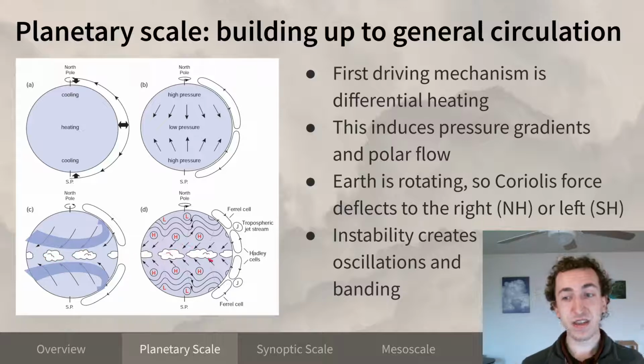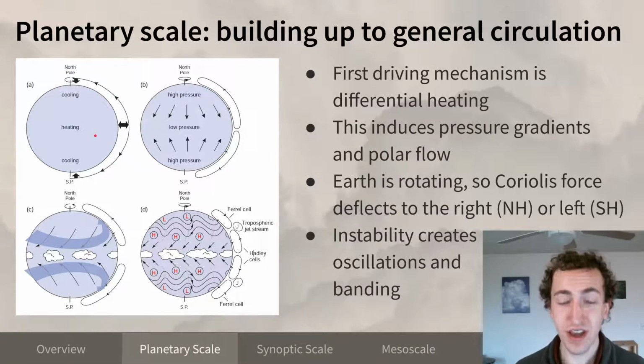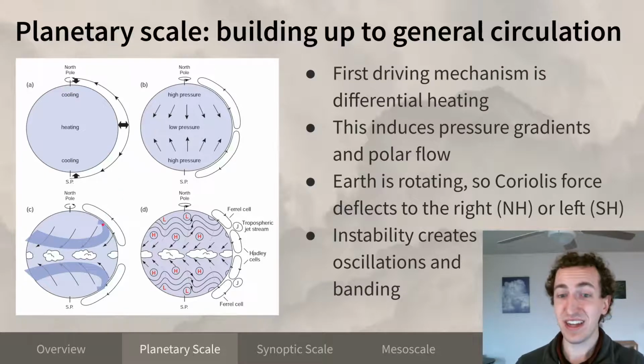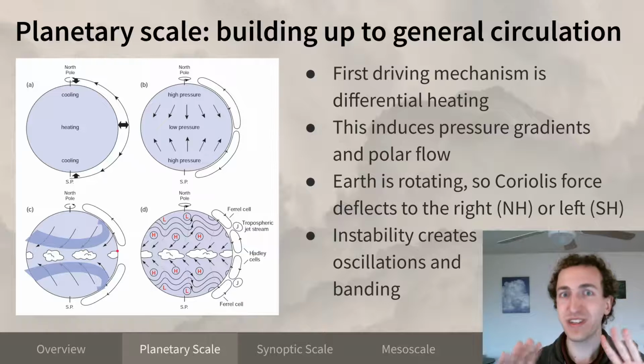The final thing in this picture is that because we have this flow going from high pressure to low pressure, but it's also going across temperature gradients, and because it's in a spinning reference frame when we get this deflection occurring, we get instability. If this was a perfect sphere, it would be in a quasi-static pattern.